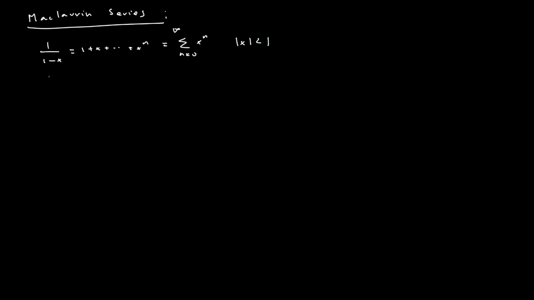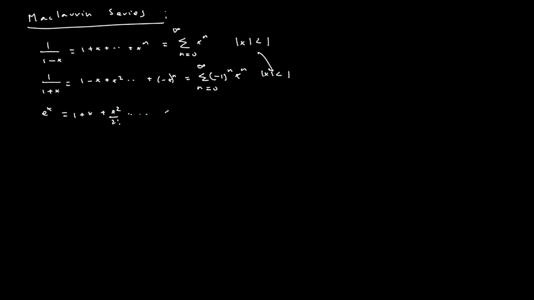Similarly, 1 divided by 1 plus x is equal to 1 minus x plus x squared minus and so on, plus or minus x to the n. That's the same as the sum from n equals 0 to infinity of negative 1 to the n times x to the n. Again, this is for that same range. We saw this: e to the x is equal to 1 plus x plus x squared divided by 2 factorial, and so on, plus x to the n divided by n factorial.